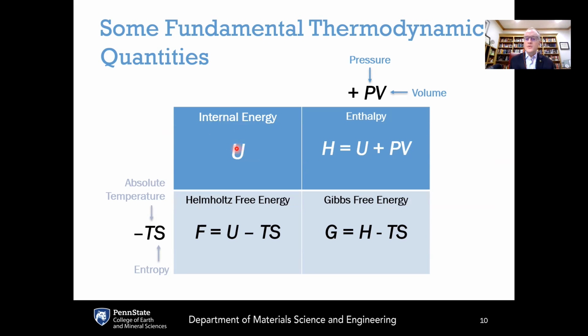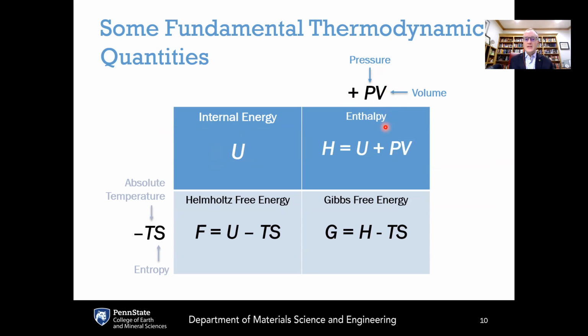Now, if we move from the left-hand column to the right-hand column, this involves adding PV, in other words, adding the pressure times the volume, the pressure of the surroundings times the volume of the system.